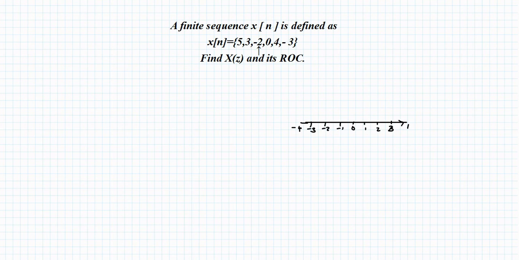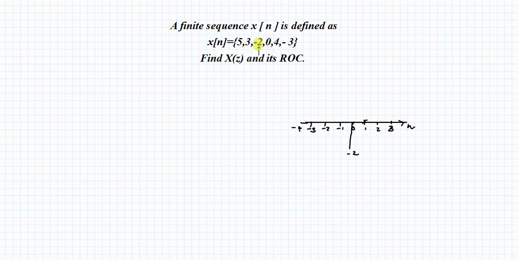This is the time domain, and the signal value at n equal to 0 is -2. So here we need to mark -2, and here x of 1.